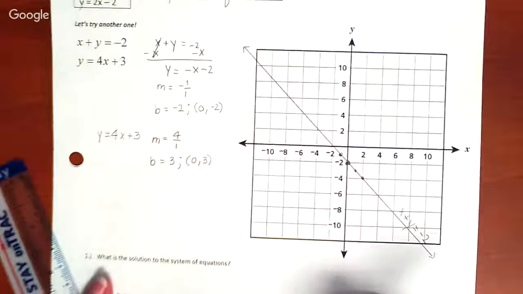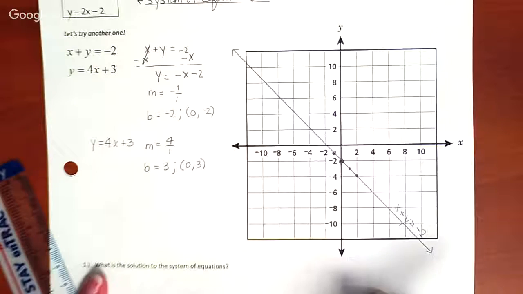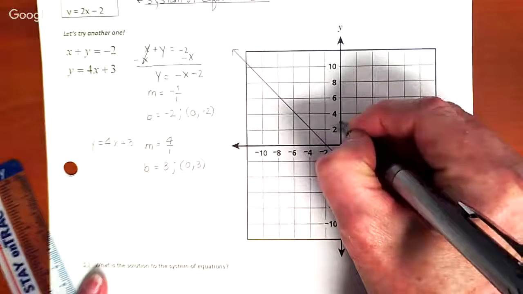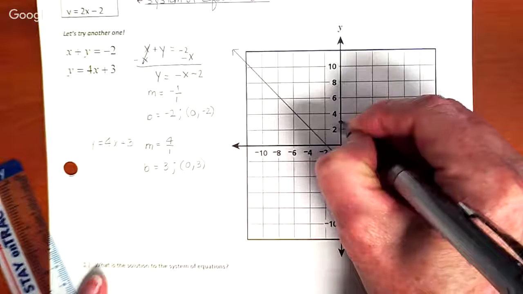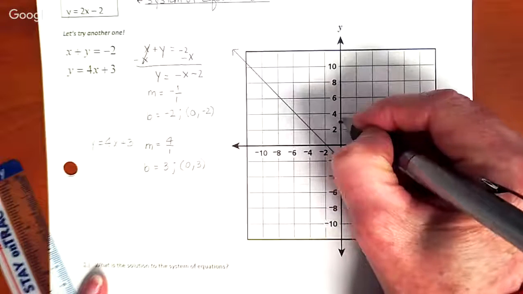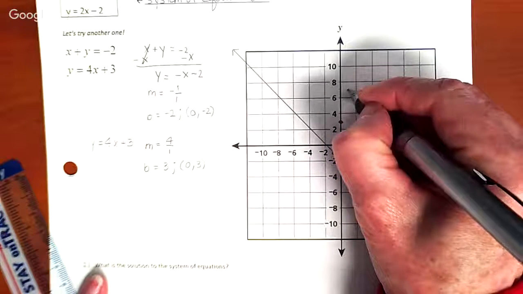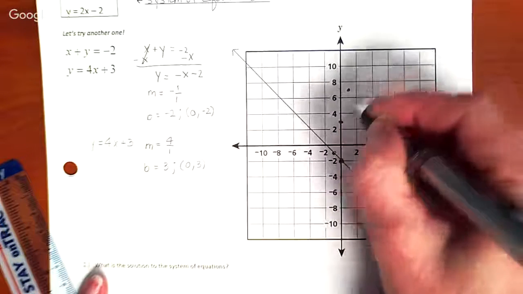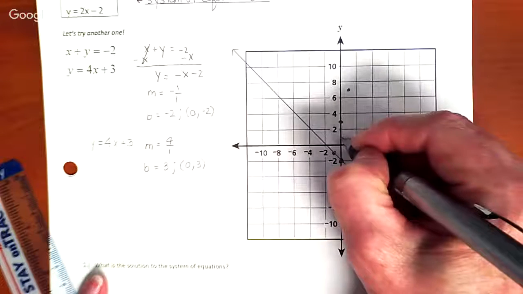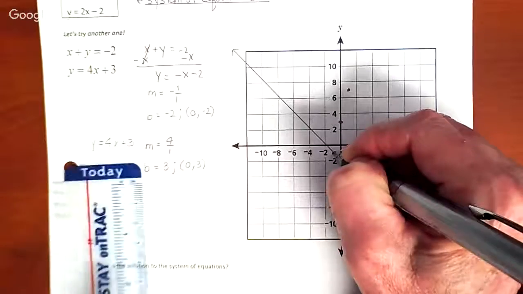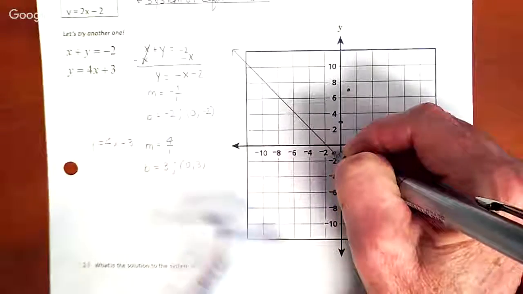Now I'm going to graph the other equation here. So we have 0 and 3, which is right here. And we can go up 4, 1, 2, 3, 4, over 1. And I'm also going to go down 1, 2, 3, 4, and over 1. And I have our 3 points.